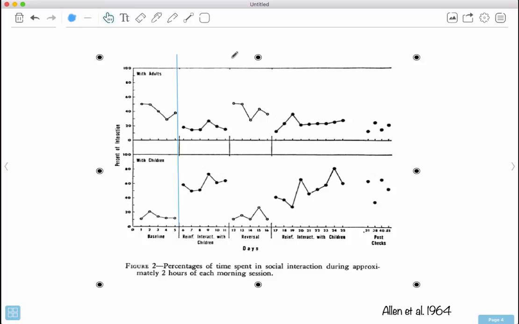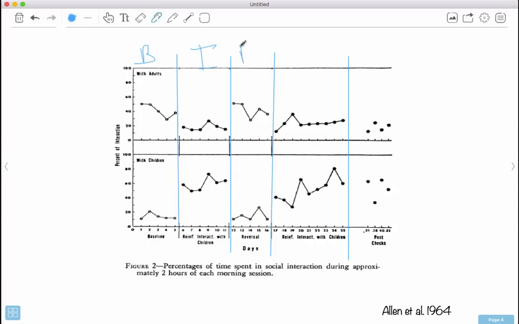They just didn't draw them all the way through. But to make it a little bit clearer, I'm going to do that. Okay, so what we have here is baseline, intervention, return to baseline, intervention, and then we have some maintenance checkups.